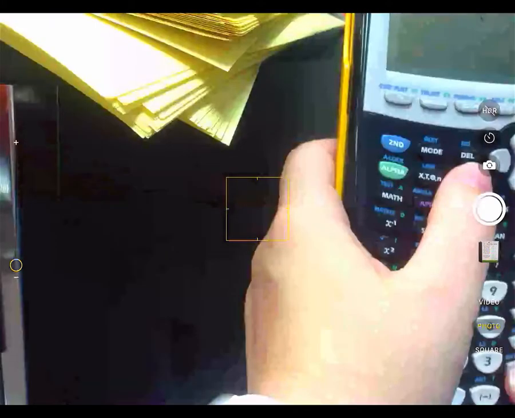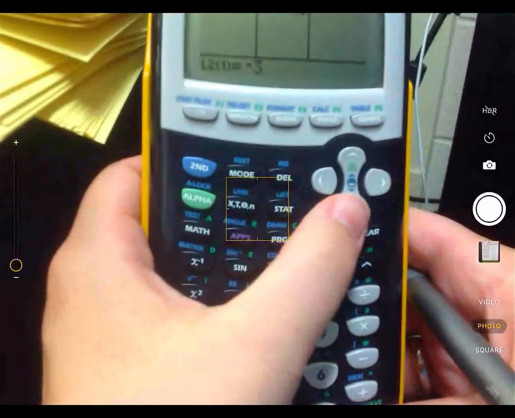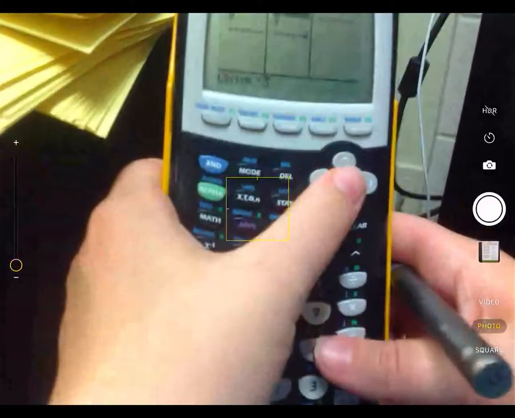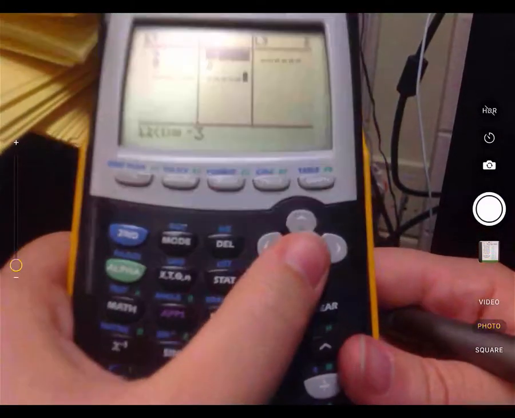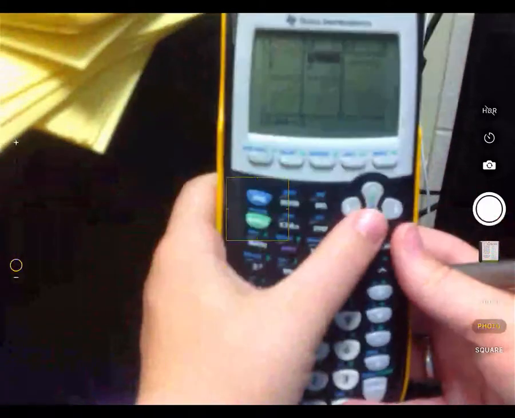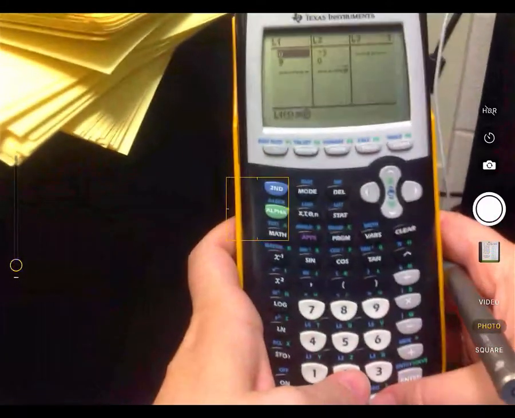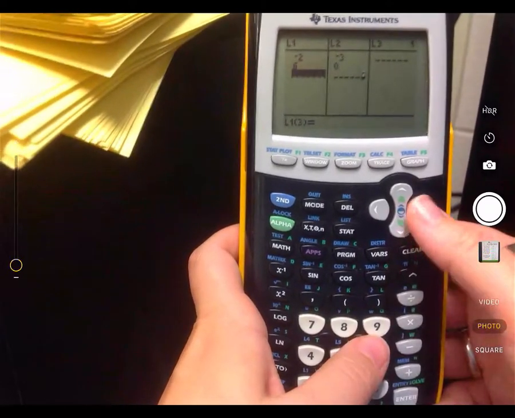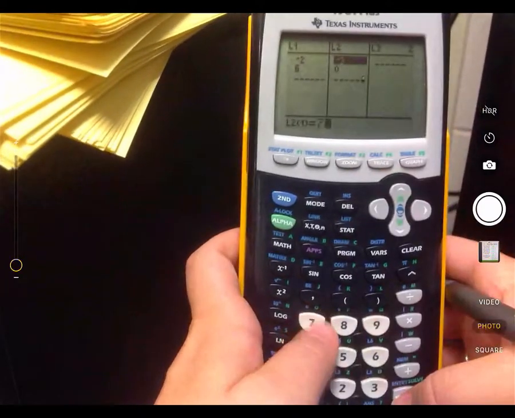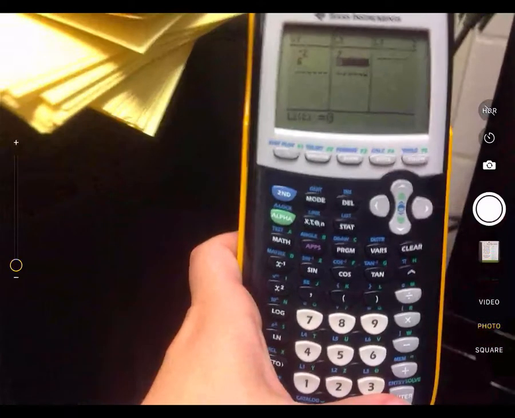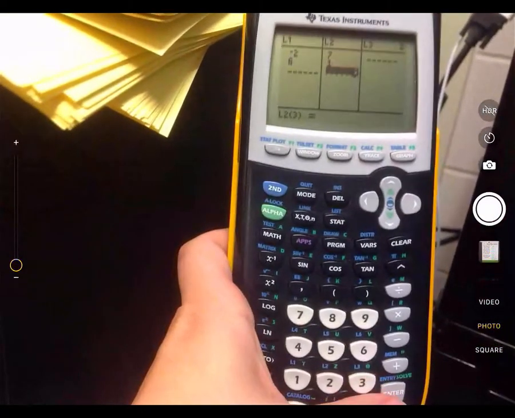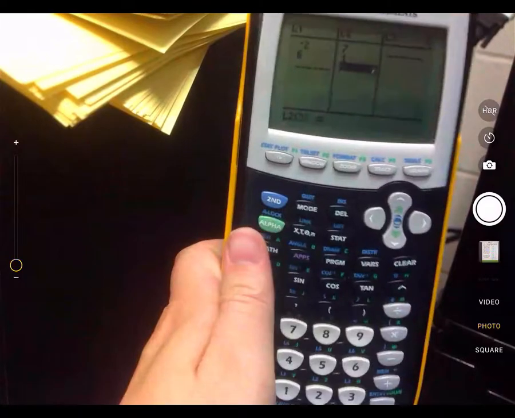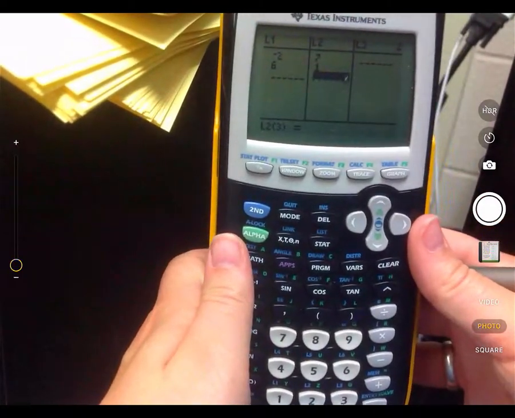So if you remember earlier, I was telling you that when you go stat edit, you can clear out the list, or sometimes you can just type over it. So here, because I have 2 points, I could just type negative 2, enter, 6, enter, and just type over it. 7, enter, 1, enter. So I've put my points in L1 and L2.